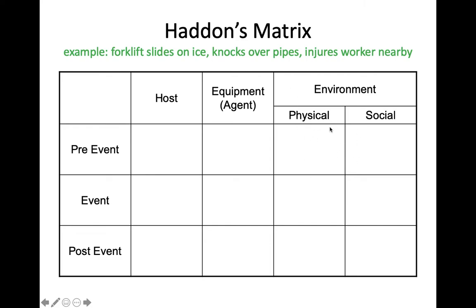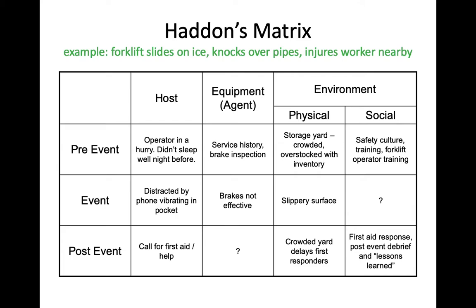Was it too crowded in the warehouse, or was there a lot of inventory nearby obstructing his pathway? And at the social level, what sort of training did that worker receive? Did they get an appropriate license? That would be the pre-event in this example. Okay, sorry, it's on the next slide.